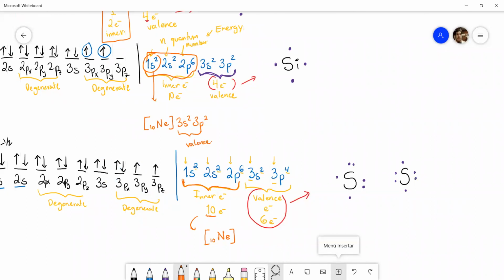So in order to substitute all of this part, we just write between these brackets, the neon core, and then we write the valence electrons. So 3s2, 3p4. Okay? So that is how you finish this exercise. All right.